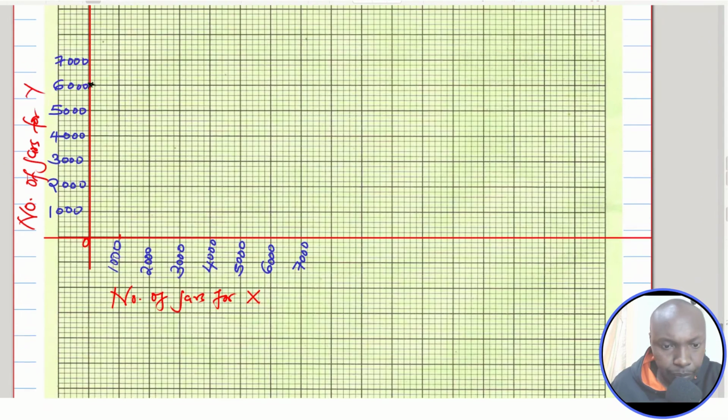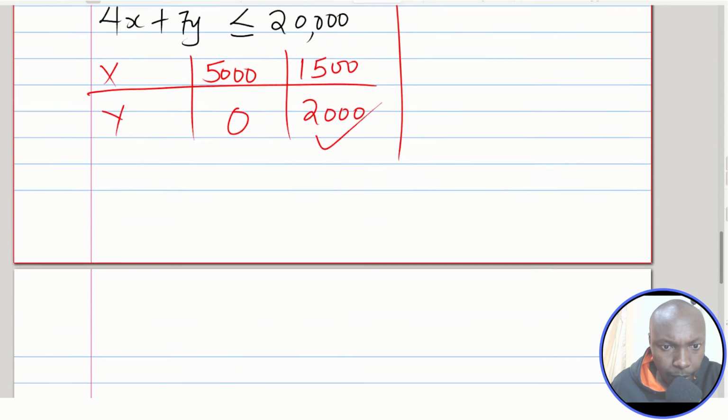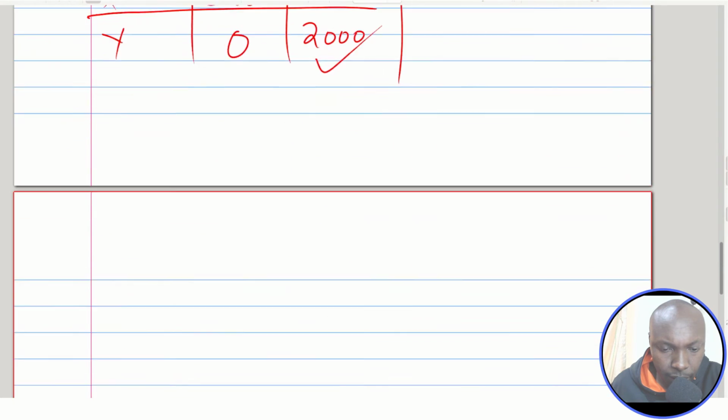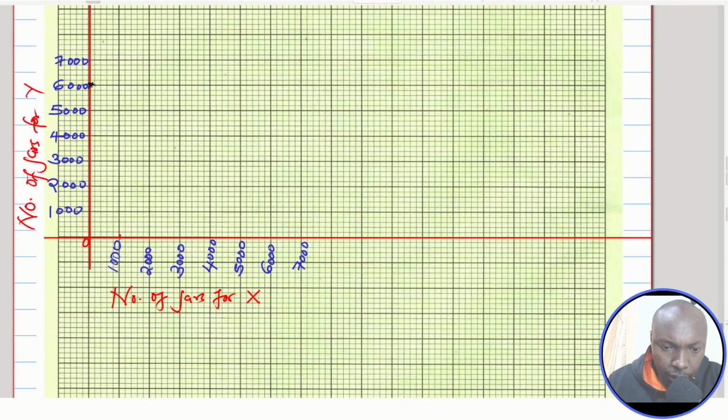And then the other point, x is 3,000 and y is 0, so 3,000, 0 will be here. So that line should pass there. Let me draw it properly. That line should be like that.